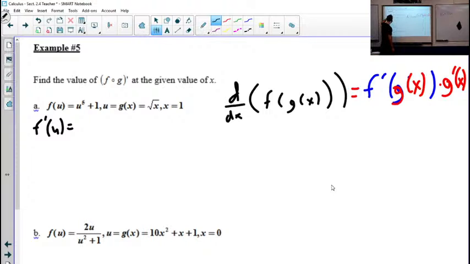So that's going to be take the exponent hopping down in front, 5, and then u to the subtract 1, we get 4. G prime of x. This is x to the 1/2, so it's going to be 1/2 x to the negative 1/2, which if I rewrite that, there we go.